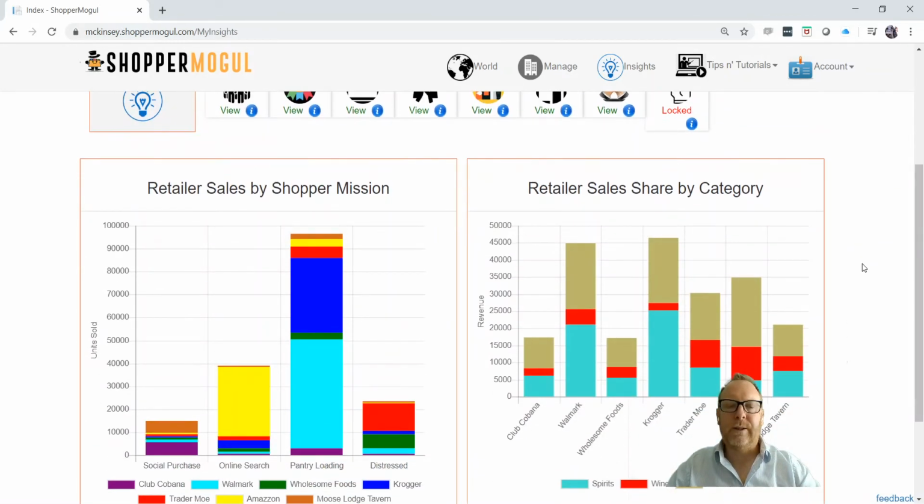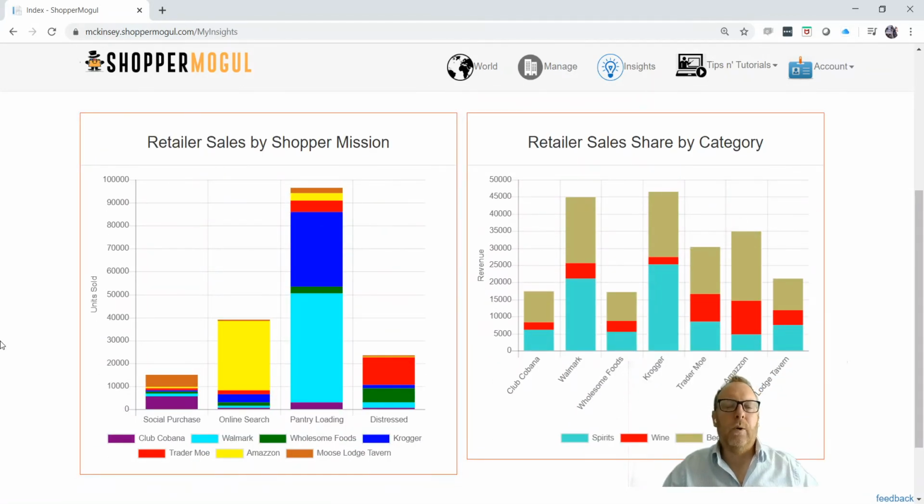So retailer insights. The information we've got here is really looking at the different shopper missions and which retailers they're going to. If you recall from the shopper segmentation, we identified 4 different missions that are driving people to the shop.